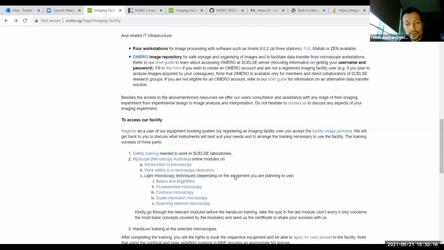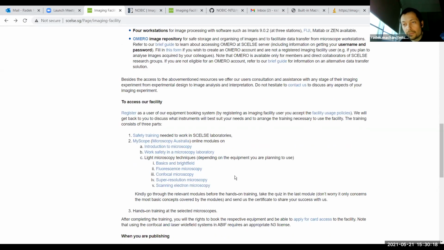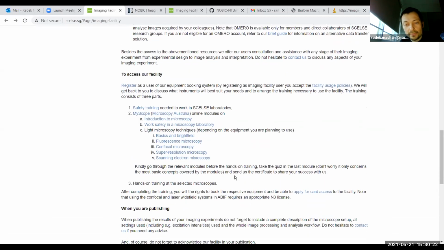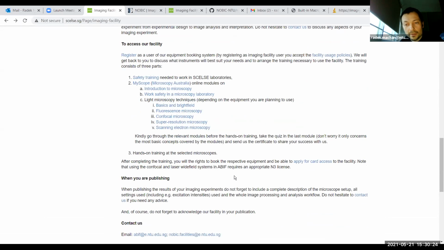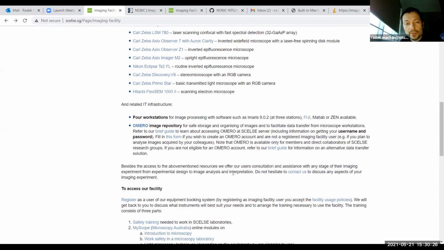I will mention later a few other sources of information if you want to look more at theory or study a bit more about optical microscopy.